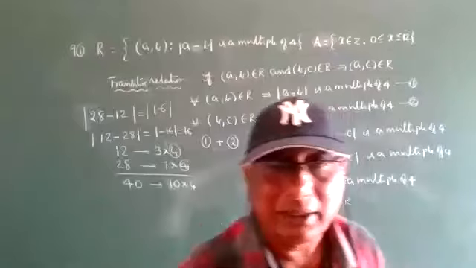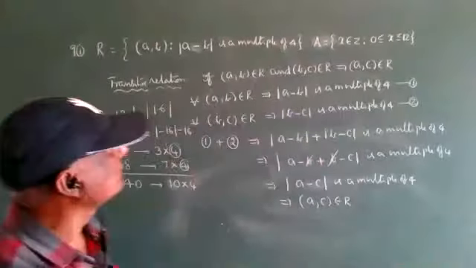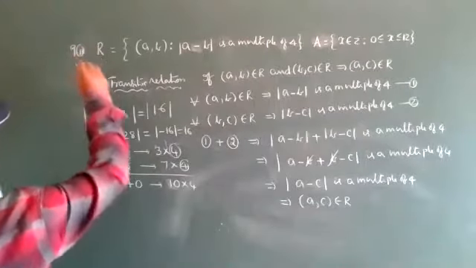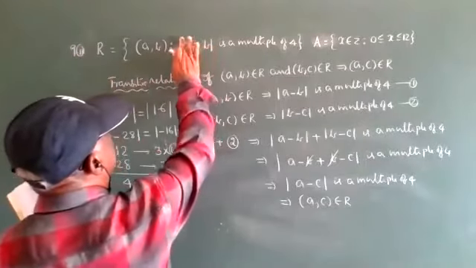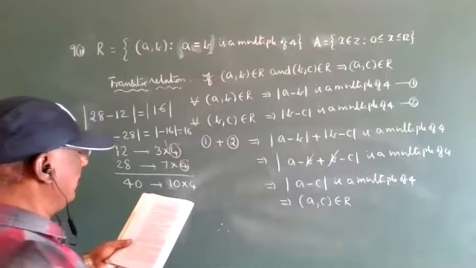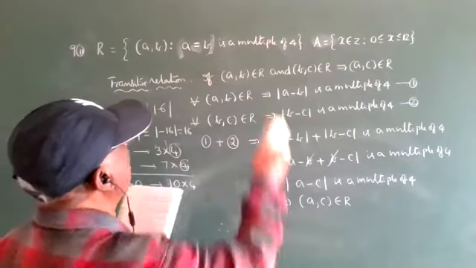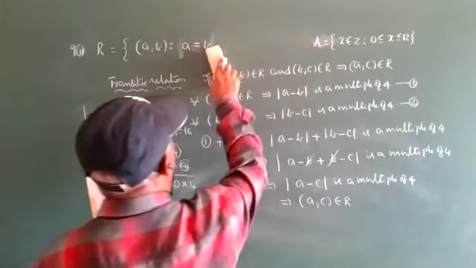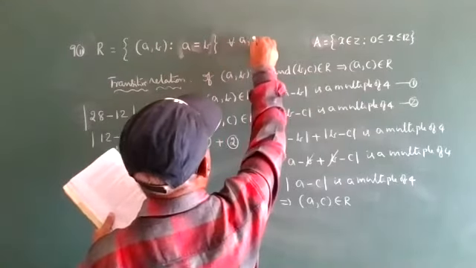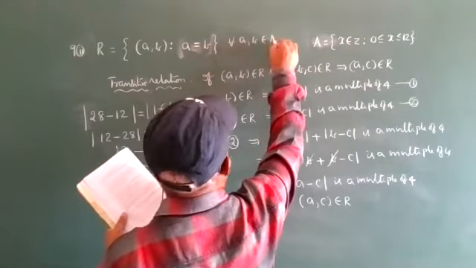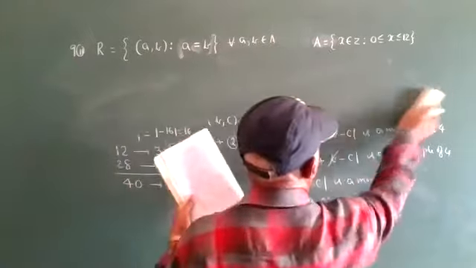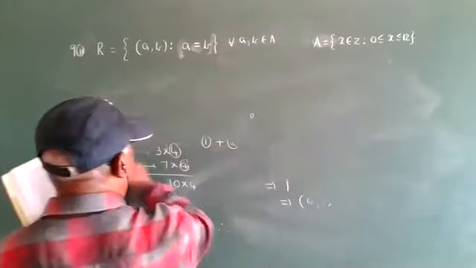Right, let's go through the ninth problem, second bit. A comma B, here A is equal to B, for all A comma B belongs to R. First, everyone write down reflexive, symmetric and transitive.